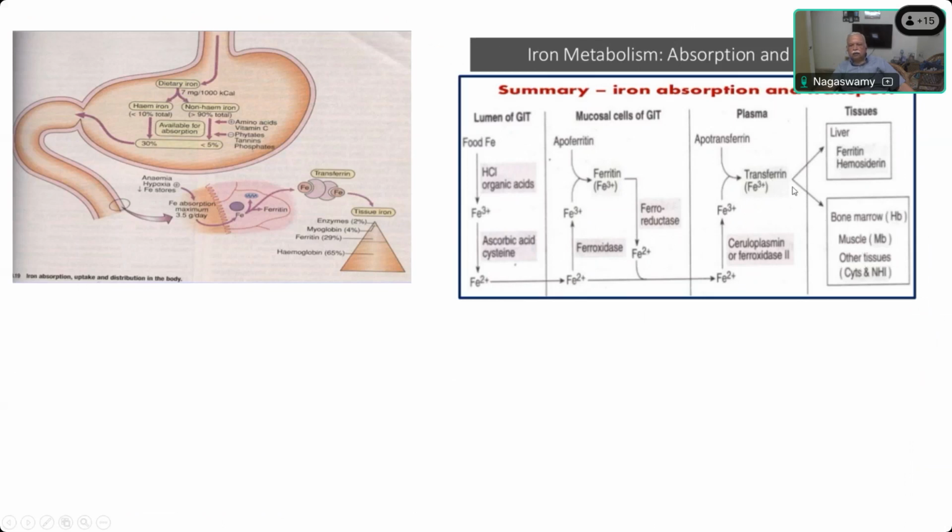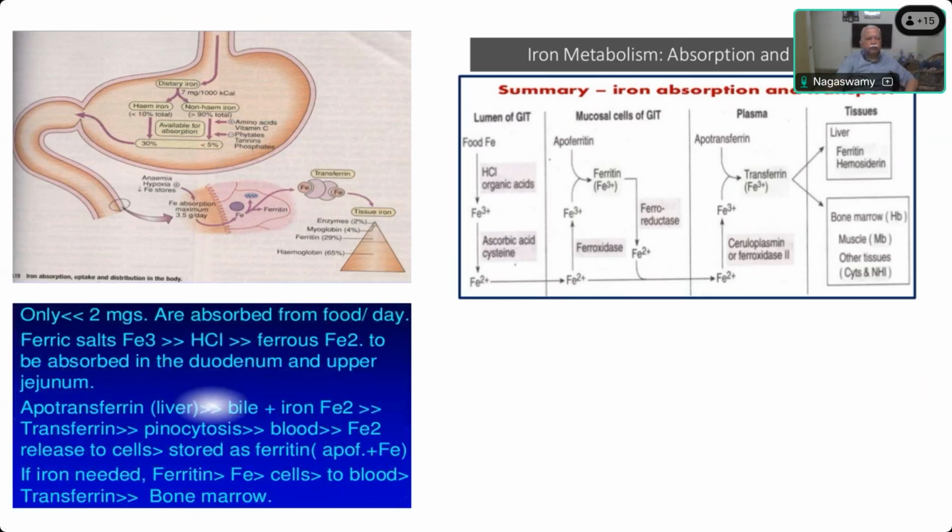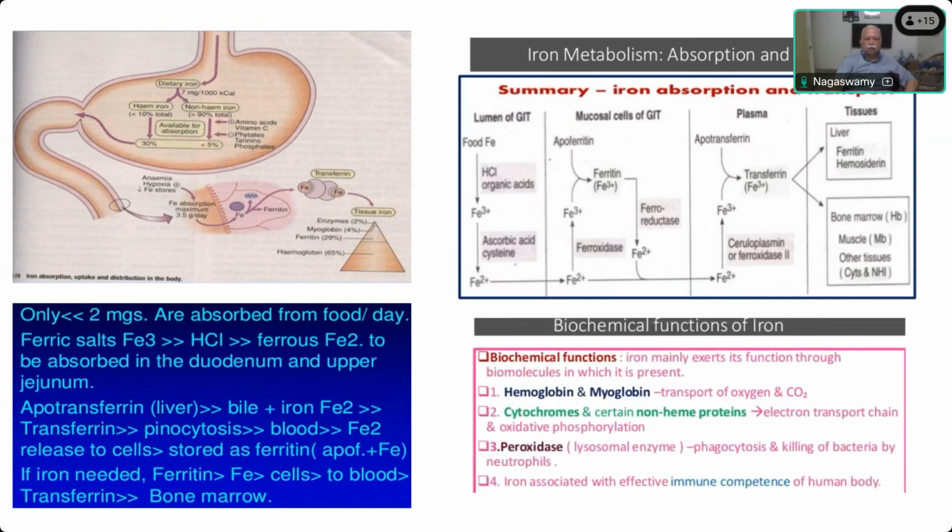So the transferrin, which transports the iron, takes it to the liver as well as bone marrow, muscle, and other tissues. So this is the simple iron absorption and its transfer, which may be asked in the theory examination for the juniors who are waiting for their exam to appear for theory, as well as for senior students appearing for practical exam. Okay?